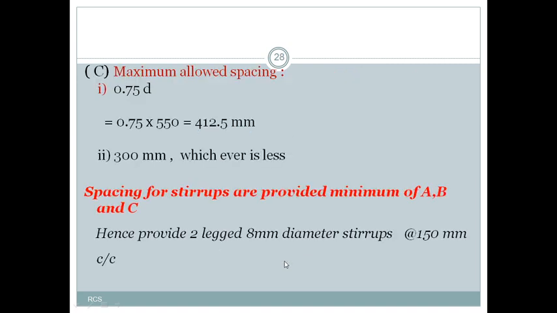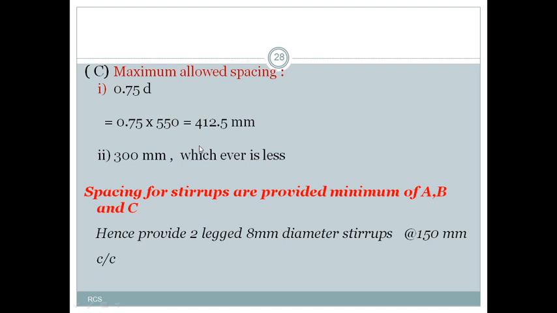And we have another criteria, that is maximum allowed spacing. Here we have two sub criteria. From that the minimum value will be provided. The first criteria is 0.75D, another is 300 mm. Corresponding to 0.75D, 0.75 multiplied by D, which is 550, equals 412.5 mm. Another is 300 mm. Minimum of these two we have to provide.